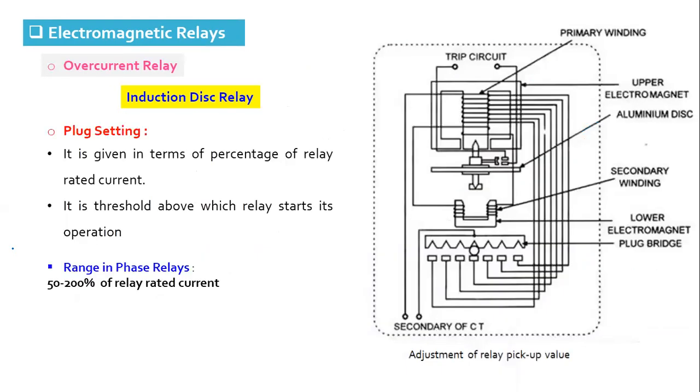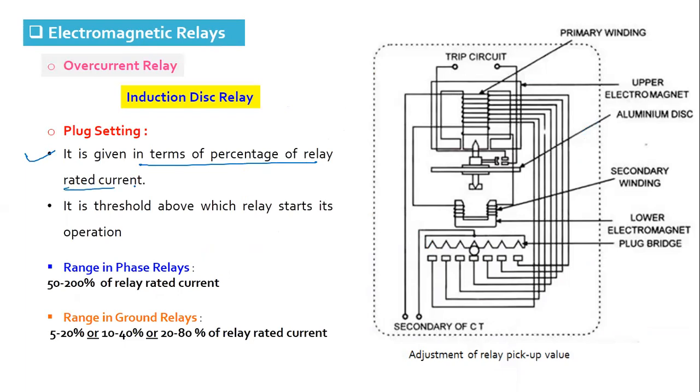Now this relay has two settings. One setting is called the plug setting. Plug setting is defined as a percentage of the relay rated current, and it will decide the pickup value, which will decide the threshold to operate this relay at different current values. Generally the tapings are provided on the main coil, and these tapings are taken outside the relay panel, and you can select the number of tapings that can be connected in series with the relay coil.